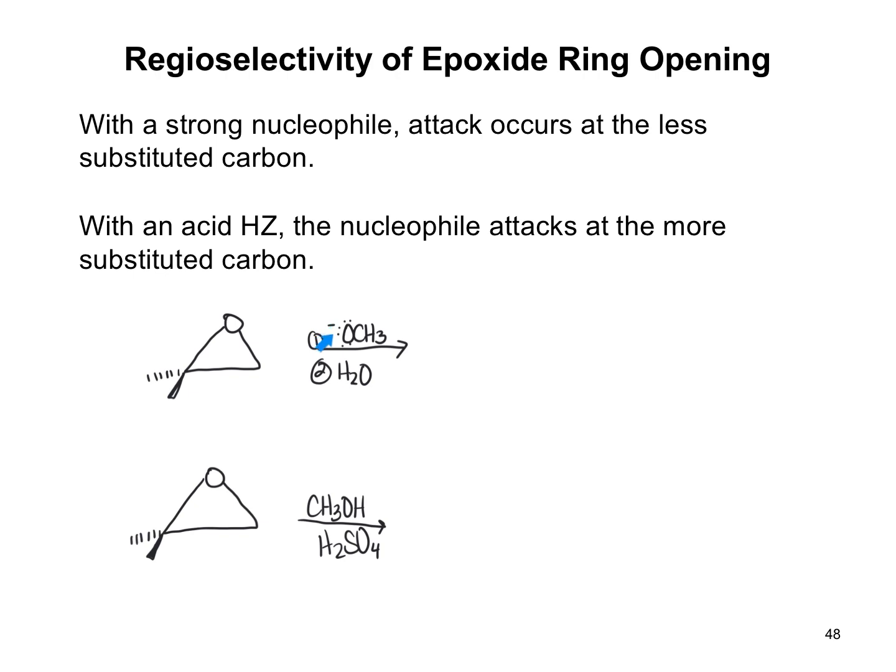This has a negative charge. It's a strong nucleophile. So that means it's going to attack at this less substituted carbon. So that means it's going to come in here and attack here. And then those electrons are going to go on that oxygen. And then the H2O is going to protonate it.